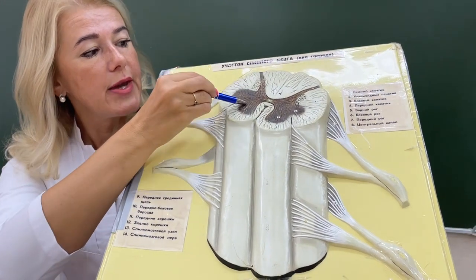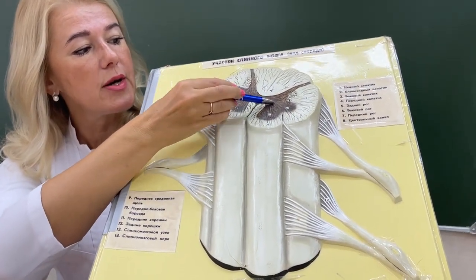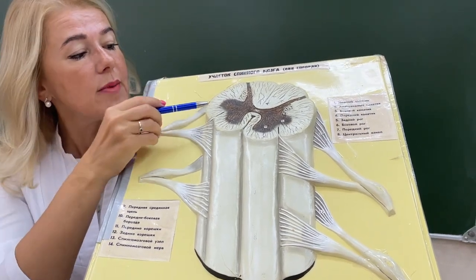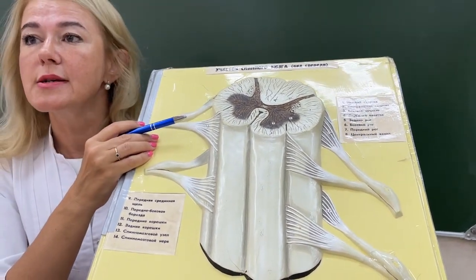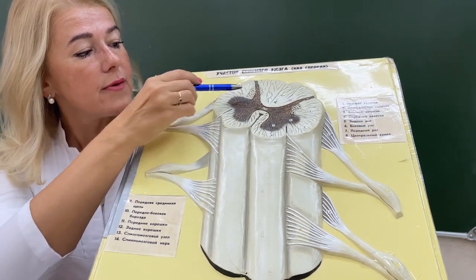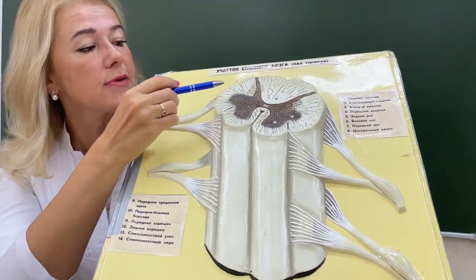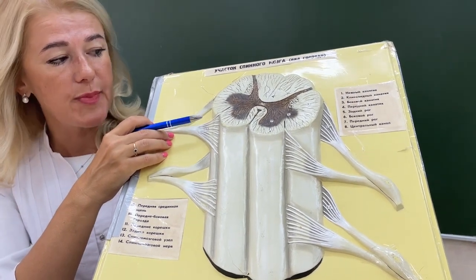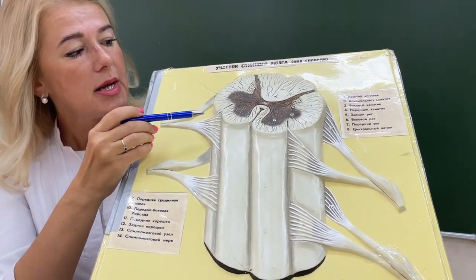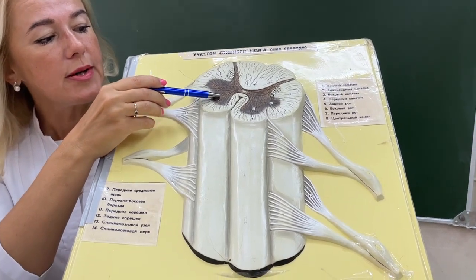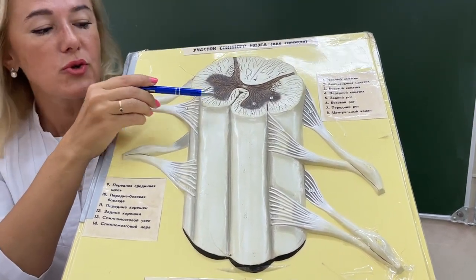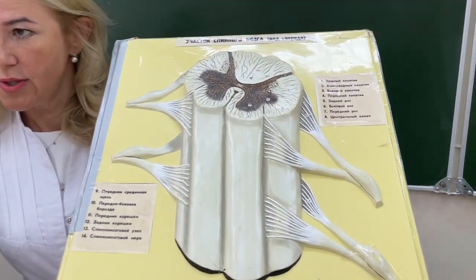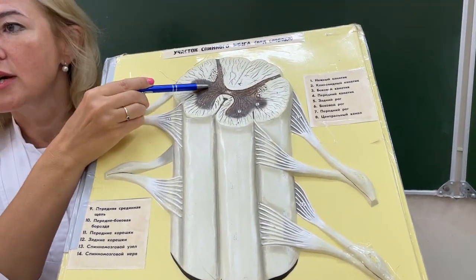And the appearance of the gray matter resembles a butterfly, not everywhere, but only at the level of the thoracic segments, or the letter H, if it's in the cervical, lumbar, or sacral segments of the spinal cord. It's divided into the anterior horn, projected forward, the posterior horn, projected backwards, and the lateral horn.